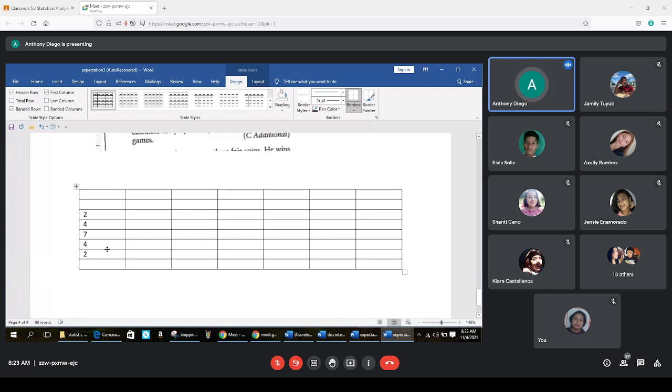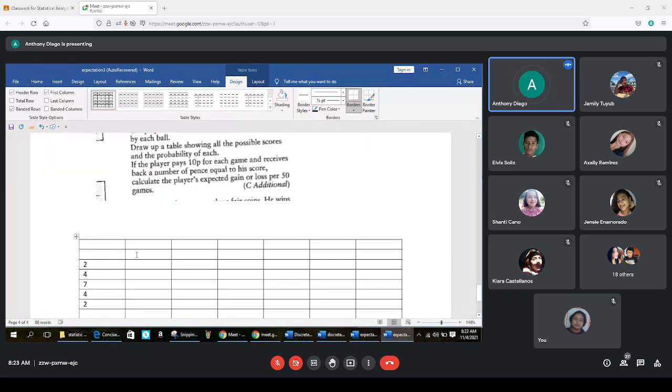And then over here we could have the other one, which is 2, 4, because remember it's 2 balls, right? 7, 4, and 2. So I can call this the first ball, it doesn't matter. First ball. And down here, I can call it the second ball.